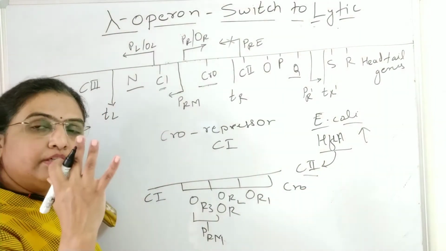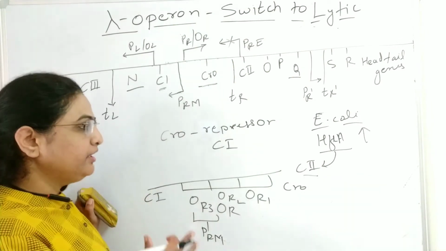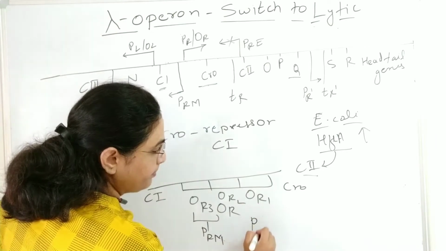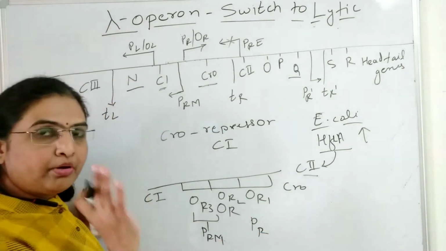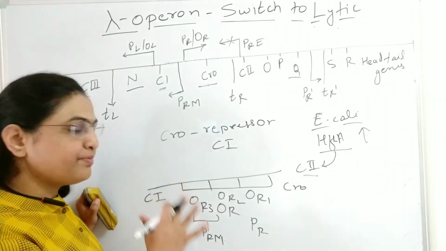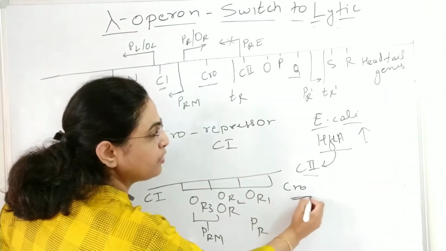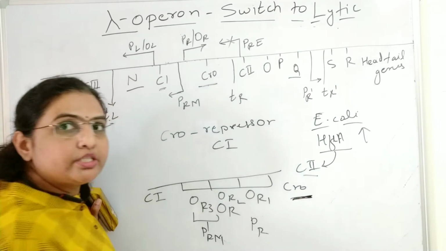Now the operators OR1 and OR2 are free, which means the promoter PR is free, so transcription from the promoter PR is going to happen, so there is synthesis of this CRO.